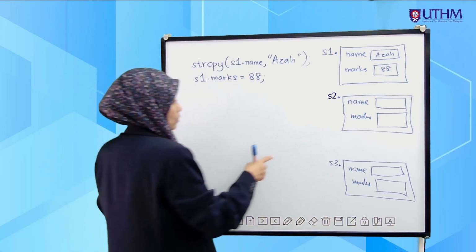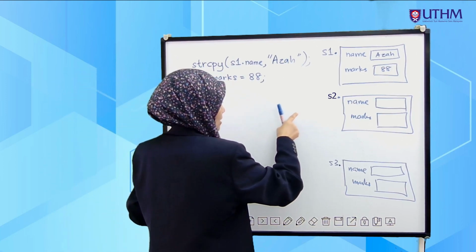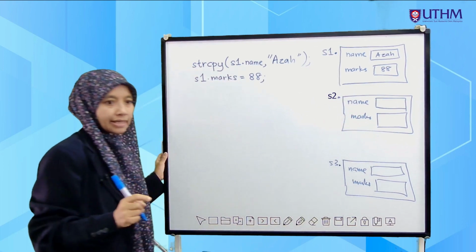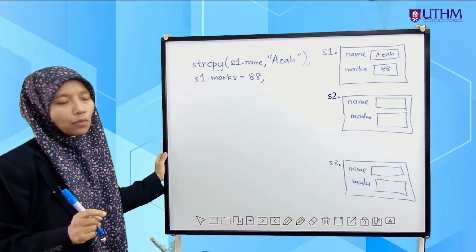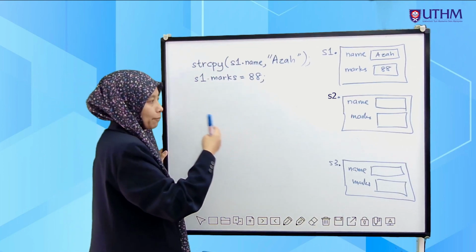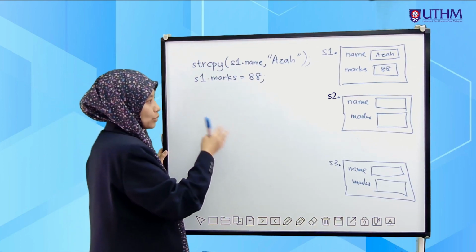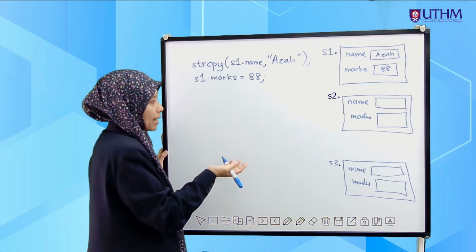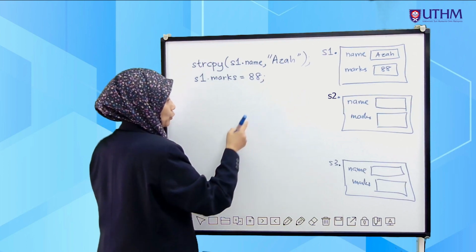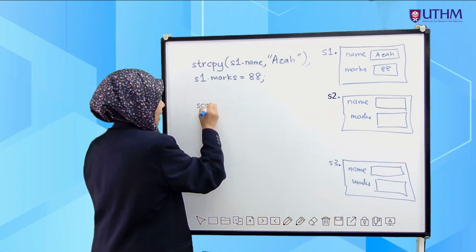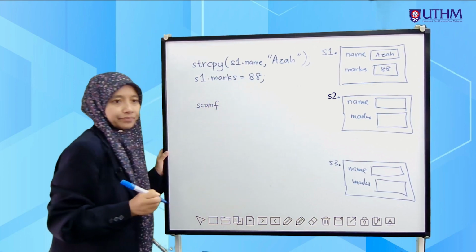Now let's say I want to ask the user to enter input for name and marks in the case of S2. What am I supposed to do? You can have the prompt statements using printf, asking the user to enter name and to enter marks. To read input into name in S2, we need the scanf statement.